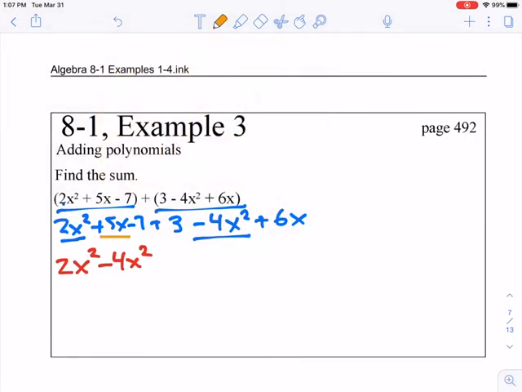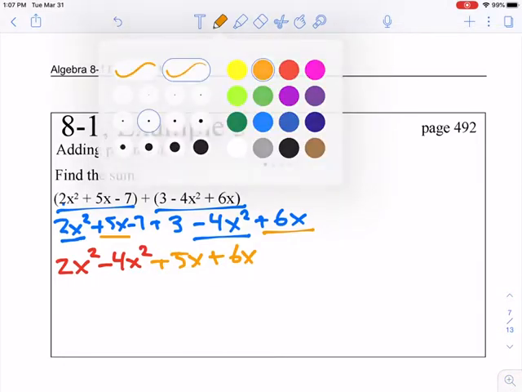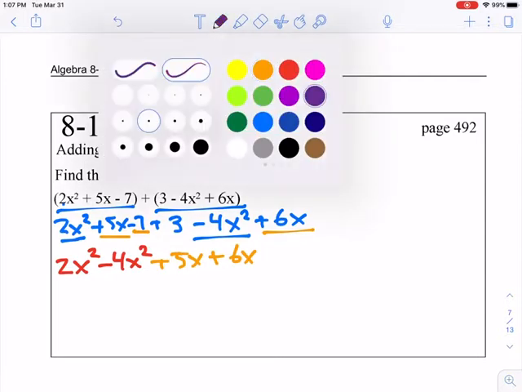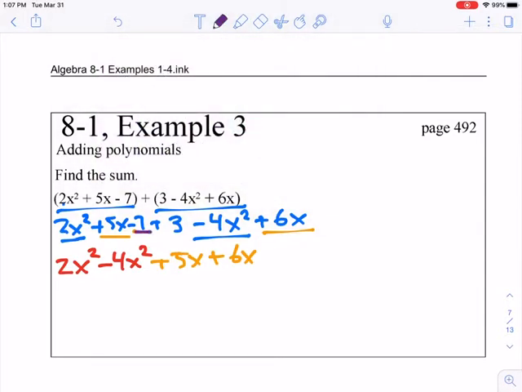So we got plus 5x and plus 6x. And then the last terms we have to deal with are minus 7 and plus 3. So minus 7 plus 3.